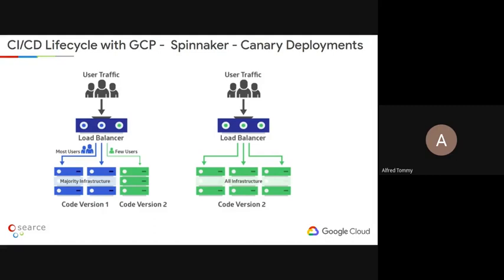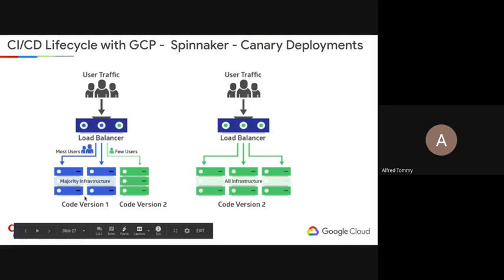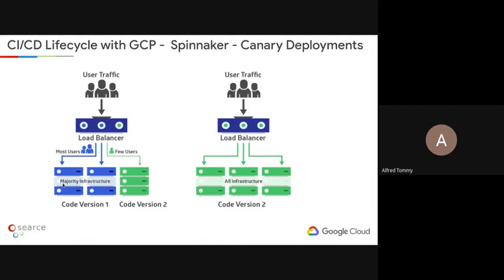So how it works is you have one version of your code, and majority of your infra is supporting that one version of your code. In fact, most of your users are directed to that initial version. But what you would do is route 10% or say 20% of your user traffic to the newer version of the application. And this would be kind of like a beta test model where you would actually rely on your customer feedback, on your application performance. You want to hear, is the functionality good, right?